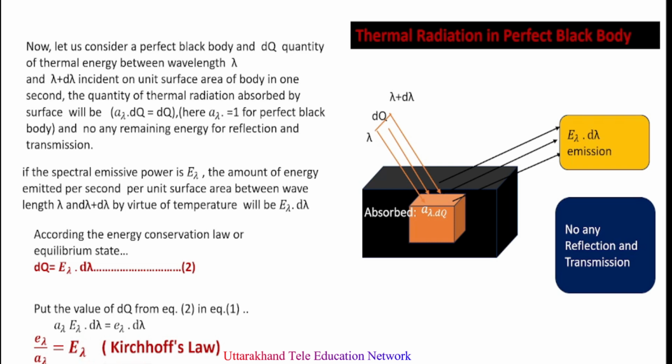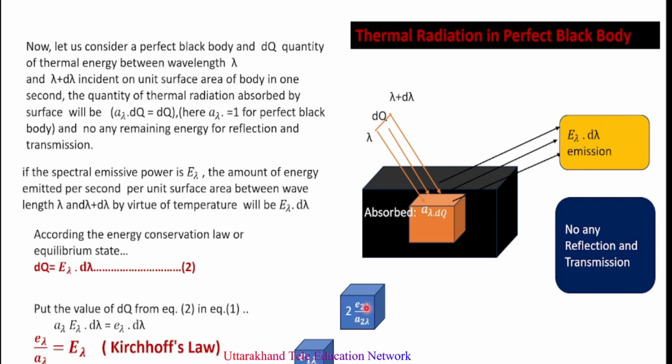Now let us try to understand this. Suppose this is one body, the ratio of emissivity and absorptivity is E1_λ upon A1_λ.